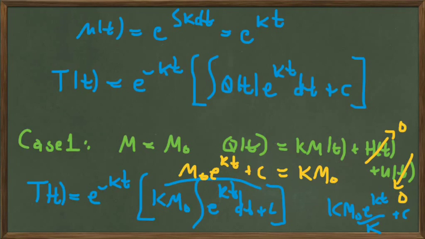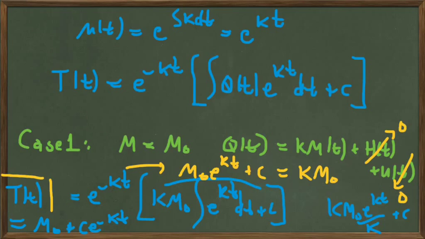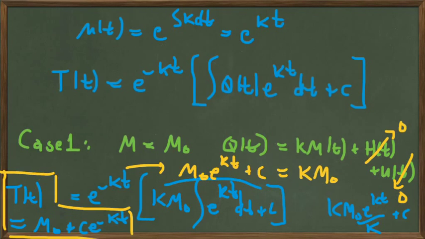And so when we do this distributing of e to the minus kt across the brackets, here's what we get for T of t. T of t equals M0 plus c e to the minus kt.